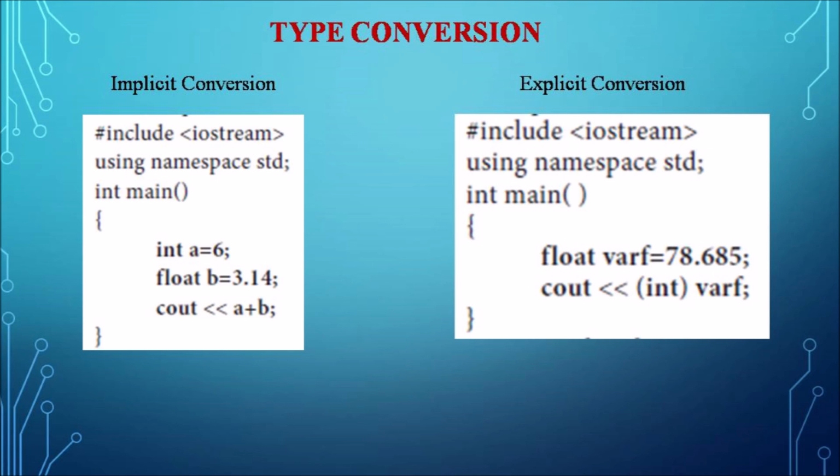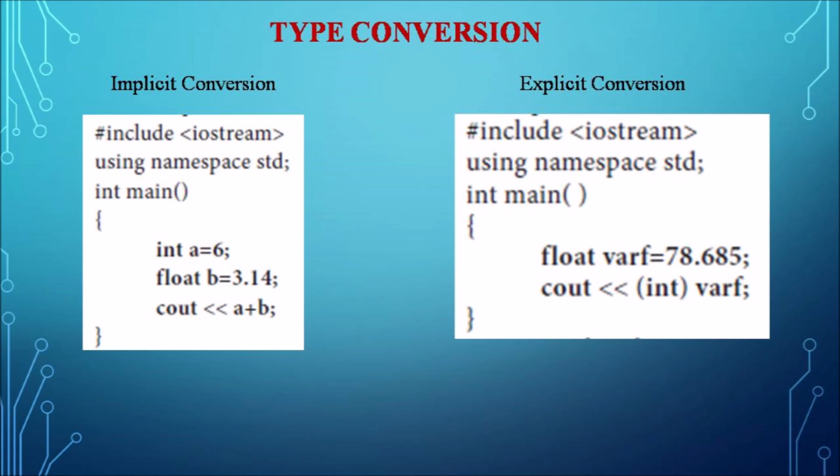So we force the compiler to change the data type explicitly. See the same example: #include <iostream.h>, using namespace std, and here the main function starts. The first variable f, where f is equal to 78.685, is declared as a float data type. In the printing statement, before the variable we give the int data type.